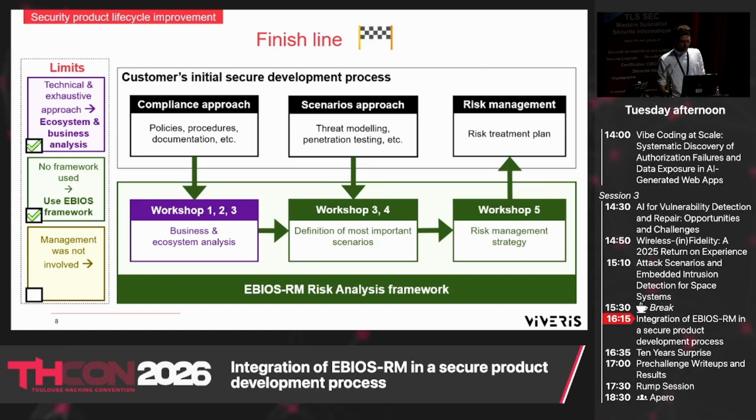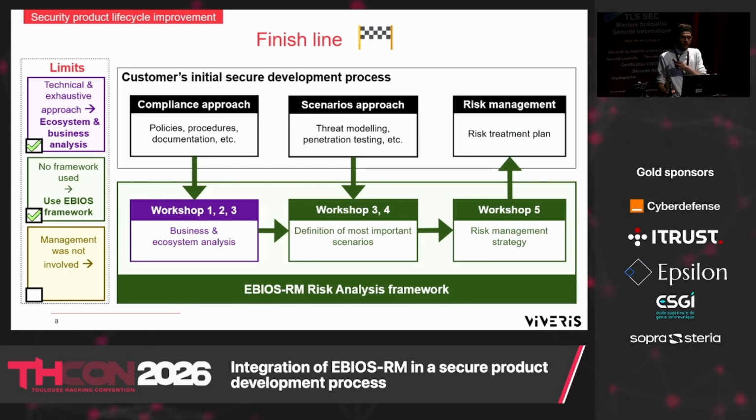But with this process, we had to make it just for the product. But I think we can also modify the process and add adaptations like we did for the information system.